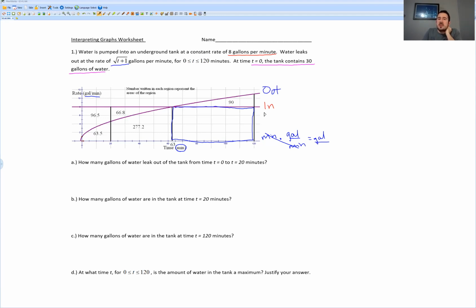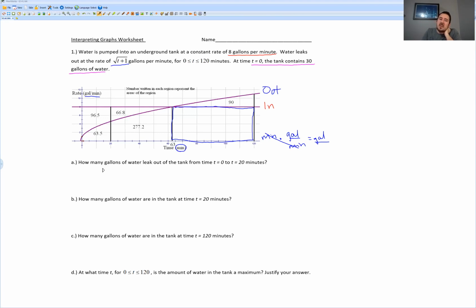If it's underneath the in function, that's the amount of water that has gone in over whatever interval of time. And if it's underneath the out function, it's the amount of water that has gone out. So that's why these area values are going to be important to us.